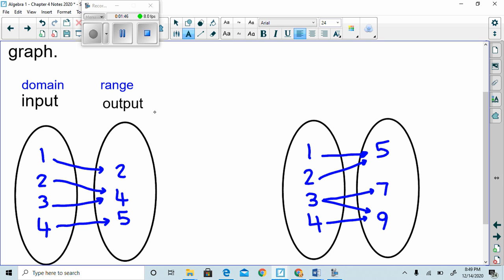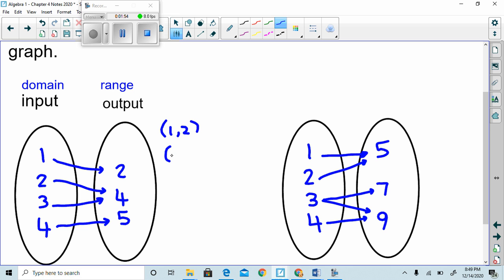If you were to look at them as ordered pairs, you'd say, well, 1 is paired with 2, and 2 is paired with 4, 3 with 4, and 4 with 5. Each of these has one output value or range value.